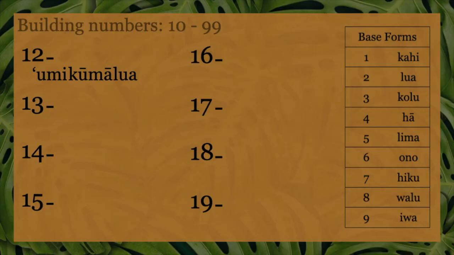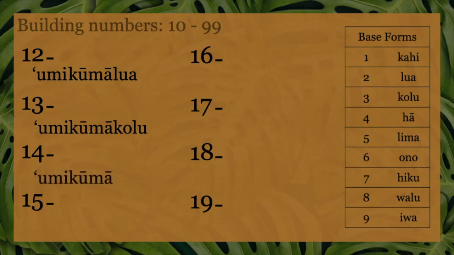And how about 13? Yep, we start with umi kuma, 10, plus our connecting phrase, and then just add the base form for 3, kolu. Umi kuma kolu. 14, umi kuma ha. 15, umi kuma lima.